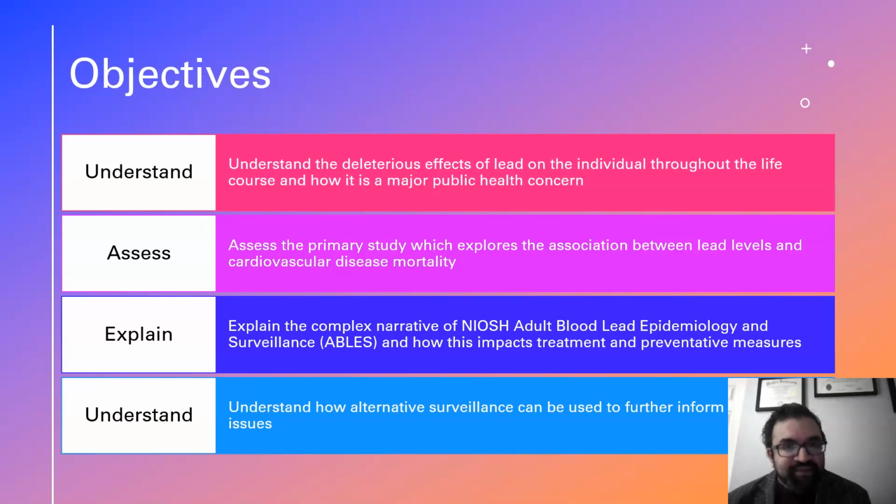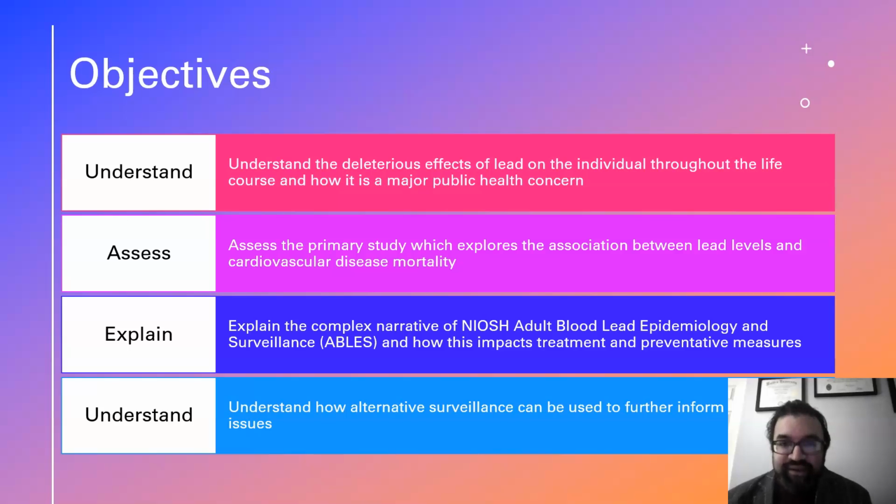But let me start off by providing you with one of the premier surveillance systems that are available across the country. And that is conducted by NIOSH, an occupational health national regulatory agency.